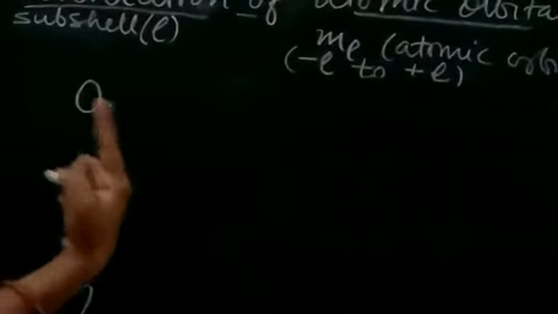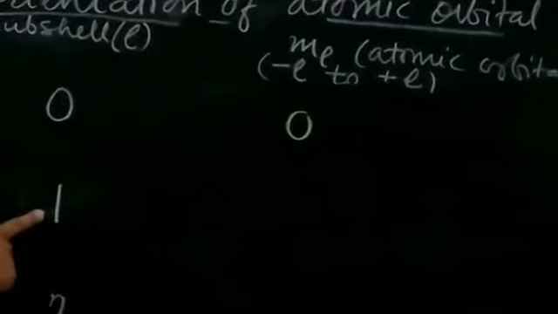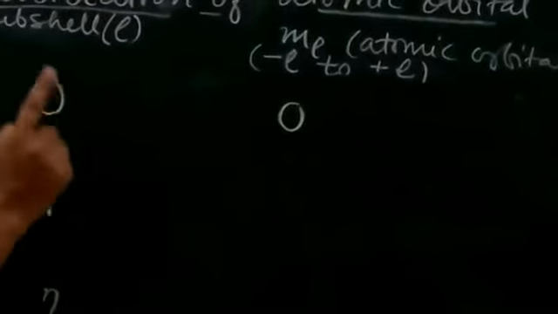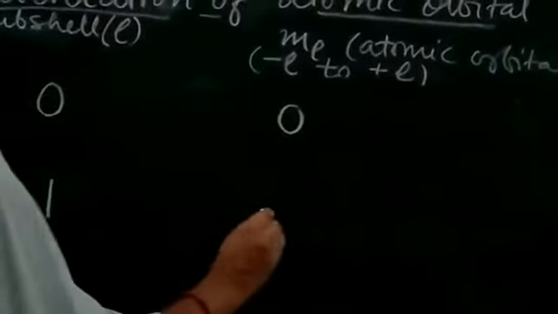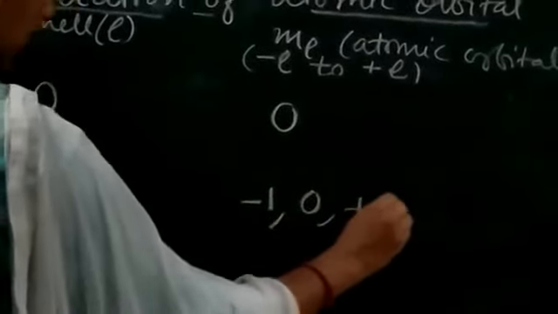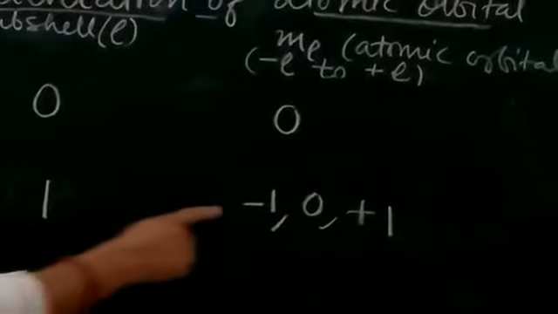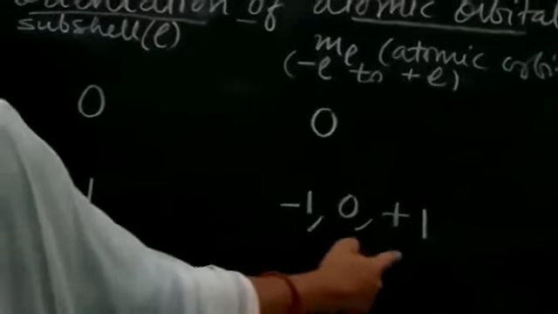For every S subshell, we have only one S orbital, 0. For every P subshell, we have only 3 p orbitals. So I am writing here -1, 0 and +1. This is 3 orbitals.